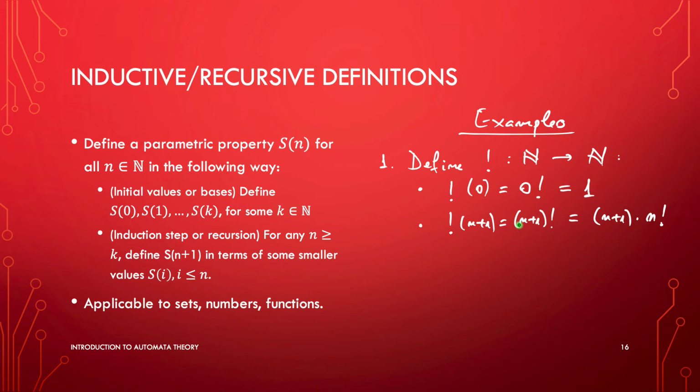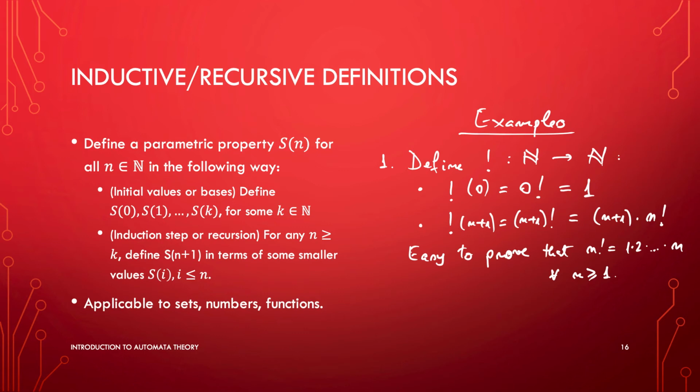And obviously, in this case, you probably have seen this before. It's easy to prove, but I will not do it here, that this function, in fact, is exactly 1 times 2 times all the way to n for all n greater than or equal to 1. And obviously, such a proof can be easily done by the induction principle.